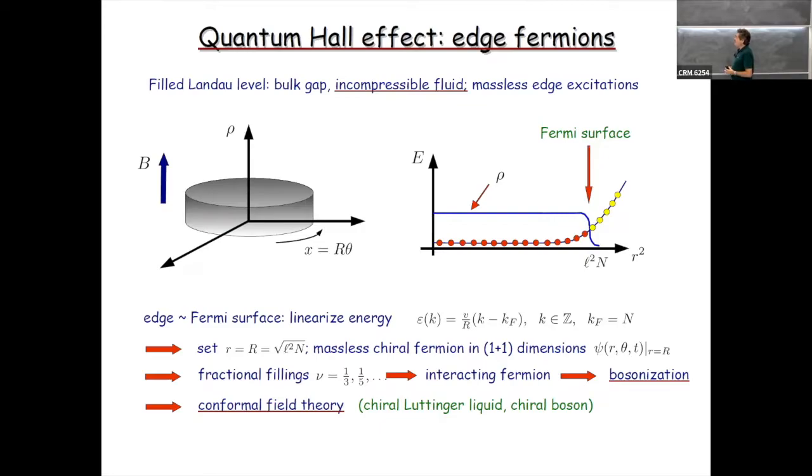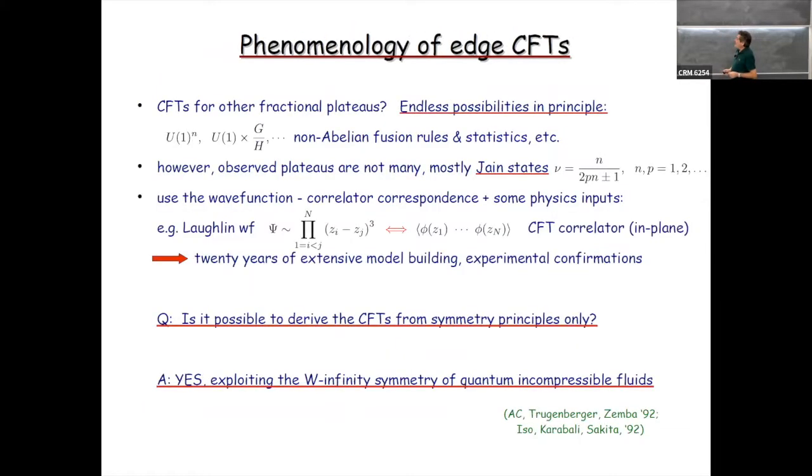Then I have to look for interacting fermions on the boundary, but I know how to treat interacting fermions on the boundary by bosonization. And so it's still a central charge equal to 1, but you change the compactification radius of the theory, and then you can describe also fractional filling on the edge by the so-called chiral Luttinger liquid or chiral boson. So that's the basic phenomenology of edge excitations in the conformal field theory.